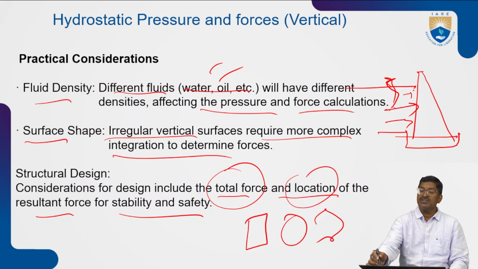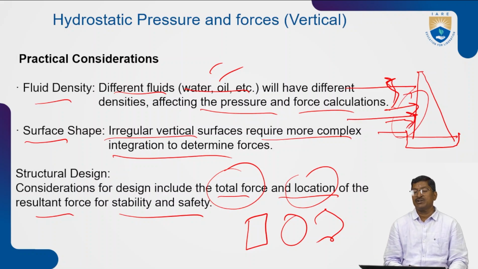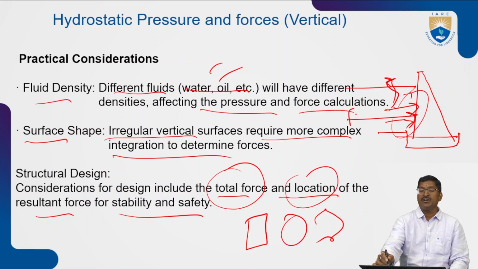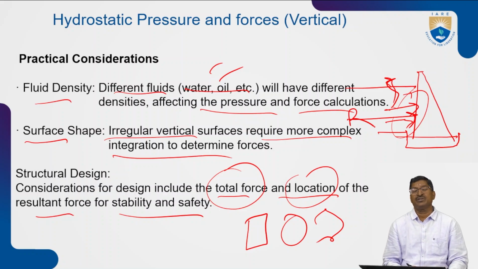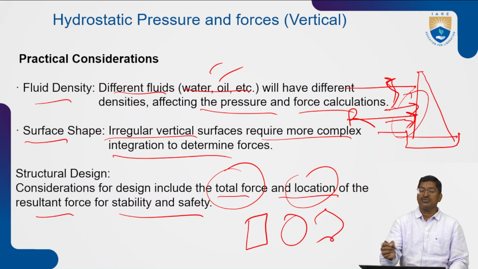The resultant of all these forces will act at only one point. That is called the resultant force. The resultant force will act at that particular point, which is also called the center of pressure. So what is the total pressure and where is it acting?